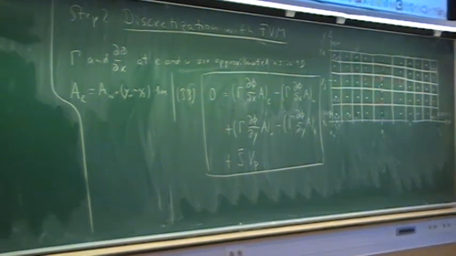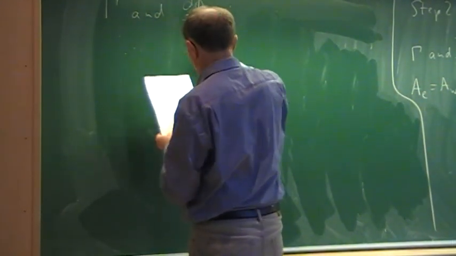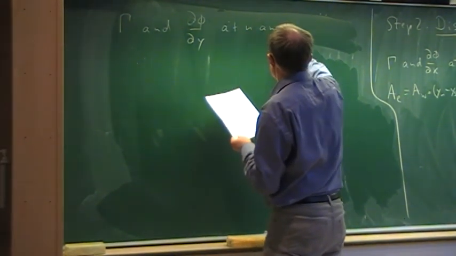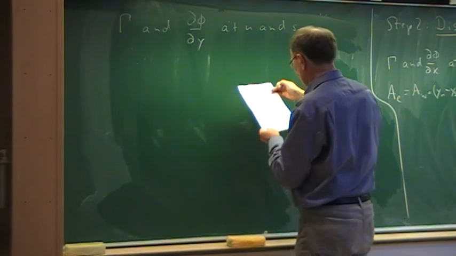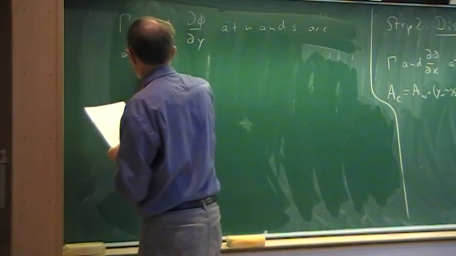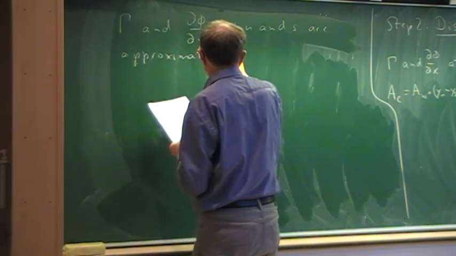So the diffusion coefficient and the y derivative of phi at the northern and the southern faces are then approximated similarly.